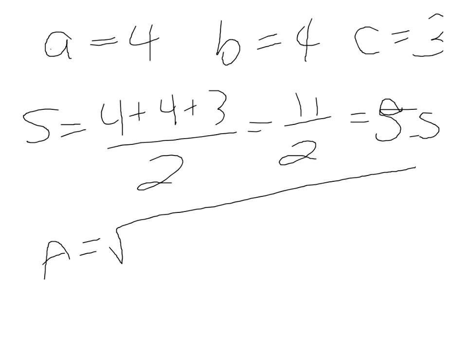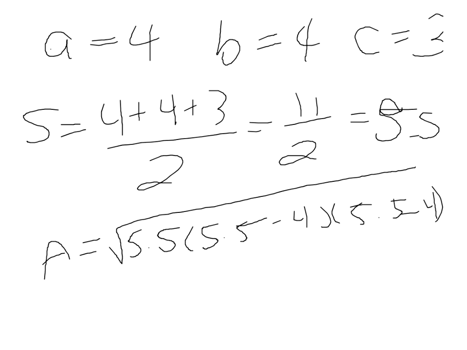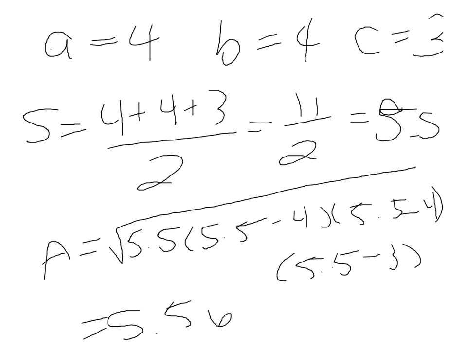So our area is 5.5 times 5.5 minus 4, 5.5 minus 4, and 5.5 minus 3. Putting all that into the calculator, the answer comes out to be 5.56.